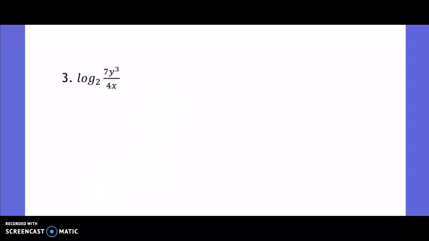Okay, next one here. Here I have a combination of the product and quotient property. So we're going to separate it into division. So I have log base 2 of 7y cubed minus log base 2 of 4x.